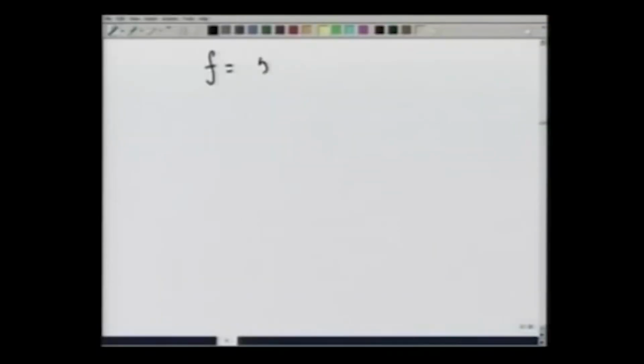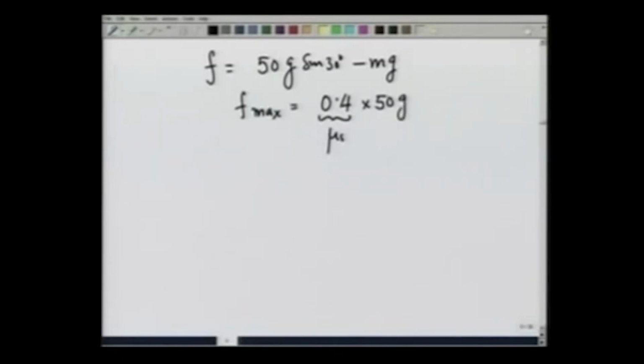So, we have the equation F equals 50 g sin 30 degrees minus mg, and F max possible is equal to 0.4, which is mu s, times 50 g cosine of 30 degrees, which is equal to 20 g cosine of 30 degrees.